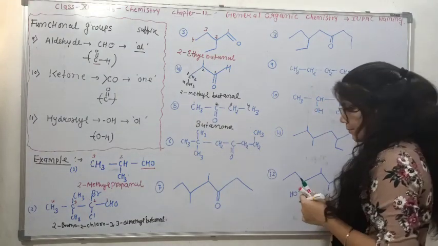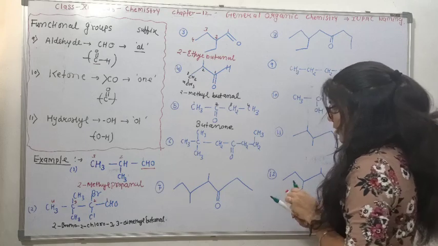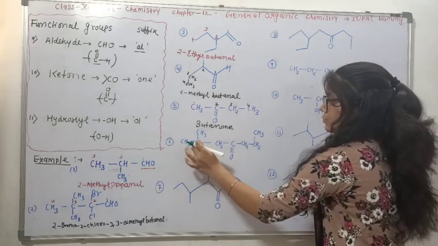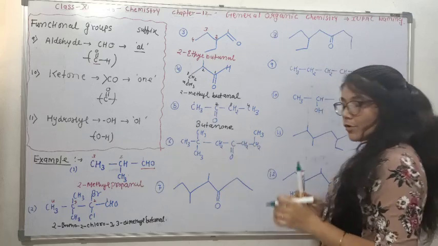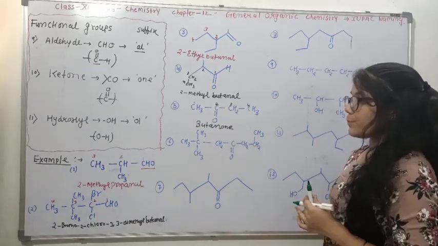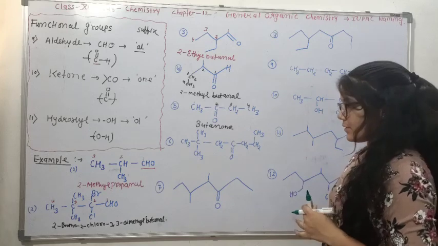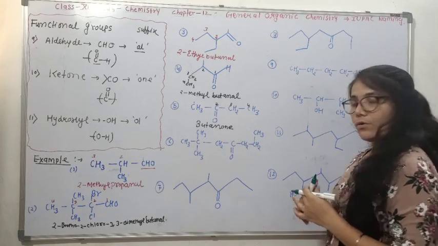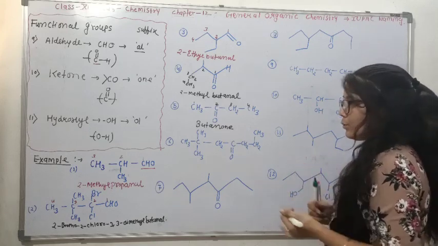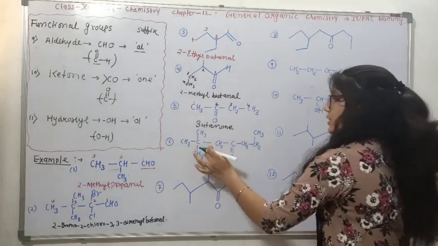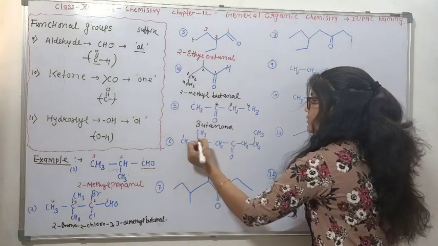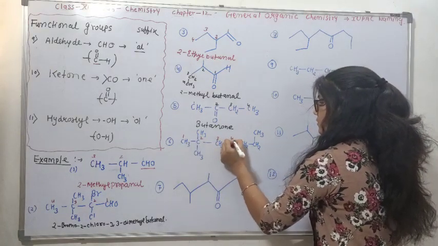Okay, next compound. Number it. 1 2 3 4, 1 2 3 4. From both sides the functional group is coming on the fourth carbon. So can we go from anywhere? No, we have to go from the left hand side. Why? Because on the second carbon there is a substituent.